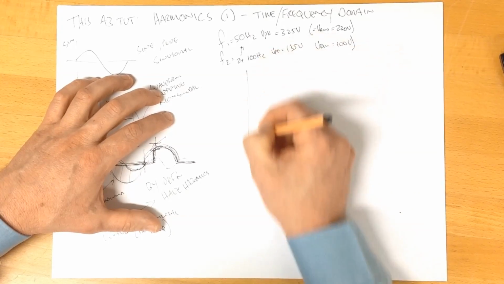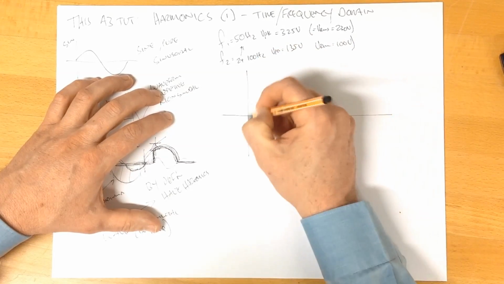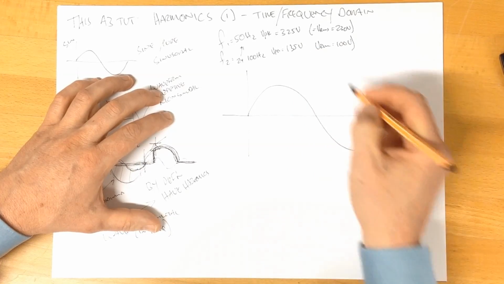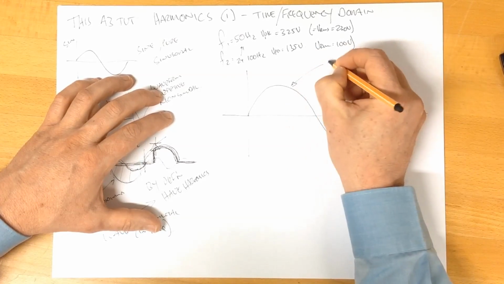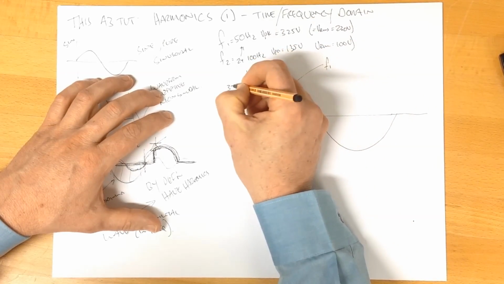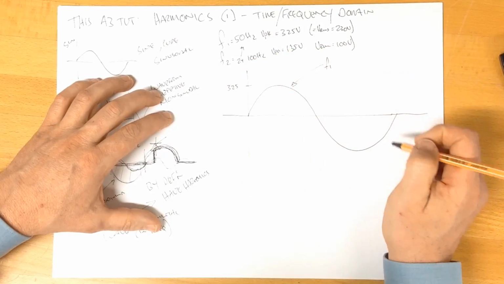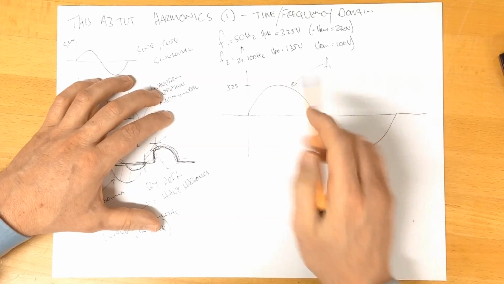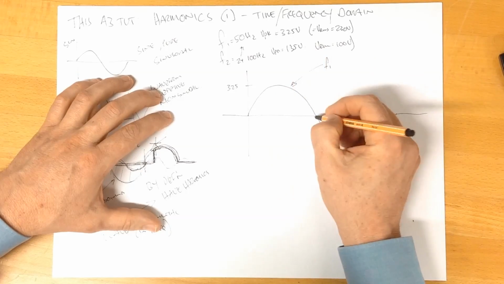We can simply draw it in the time domain here. And here's our fundamental, F1, and I've said that has a peak voltage of 325. And we're going to put a second harmonic in there that has a peak voltage of 135.